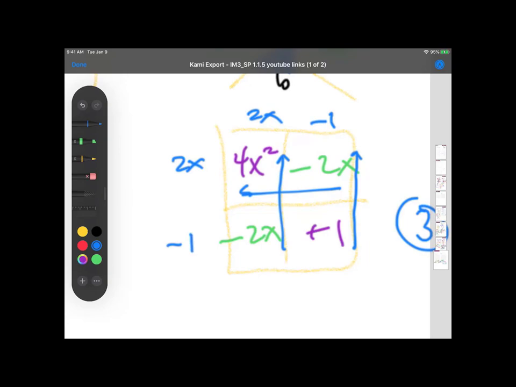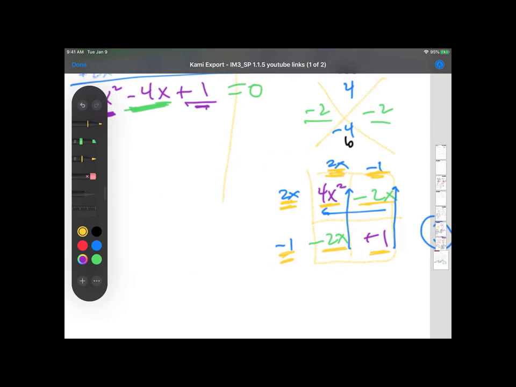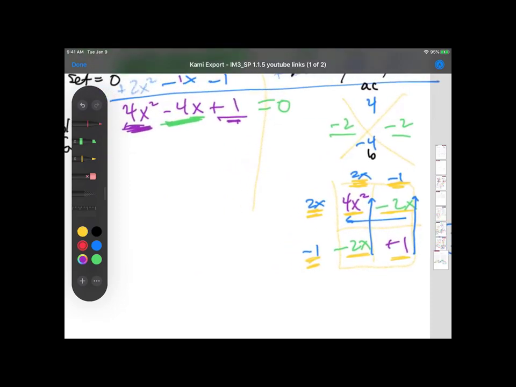Let's check our answer by multiplying. 2x times 2x equals 4x squared. 2x times negative 1 equals negative 2x. 2x times negative 1 equals negative 2x. And negative 1 times negative 1 equals a positive 1. So now we can write what's on the outside here: 2x minus 1 and 2x minus 1.